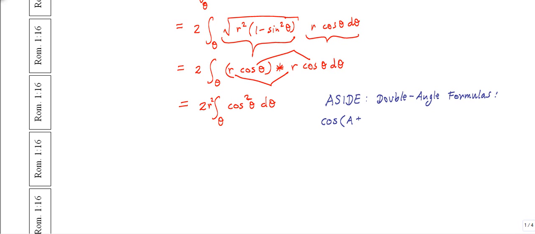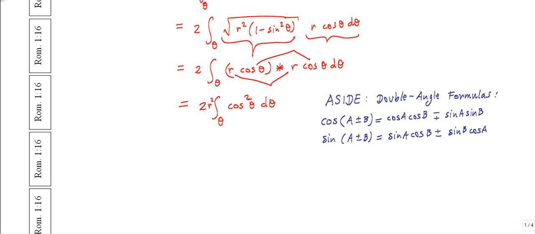Cos of a plus or minus b is equal to cos a times cos b, and then the signs flip, it becomes minus plus sine a sine b, and sine of a plus or minus b is equal to sine a cos b plus or minus, the signs are preserved, sine b cos a.